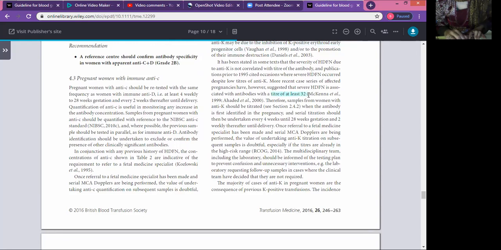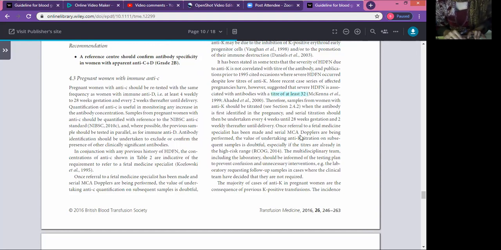Samples from these women should be titrated when the antibody is first identified, and serial titration should be undertaken 4 weekly until 28 weeks, and then 2 weekly until delivery. Then referral should be made to a fetal medicine specialist.